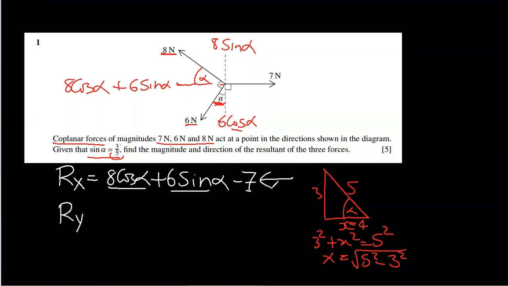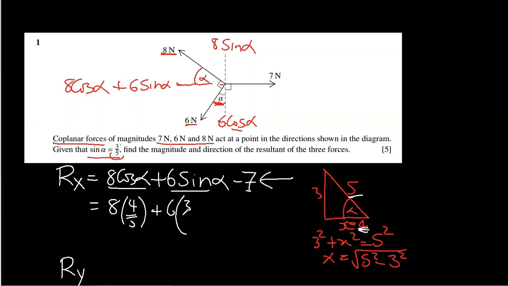All right. So let me shift this a little down and let's evaluate this. 8 cos alpha. We know cos alpha is adjacent over hypotenuse, 4/5. Plus 6 sine alpha, 3/5. Minus 7.